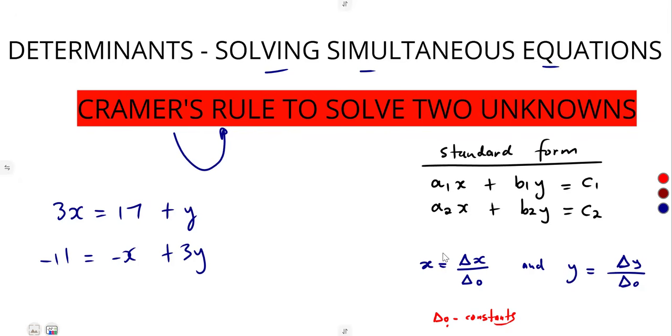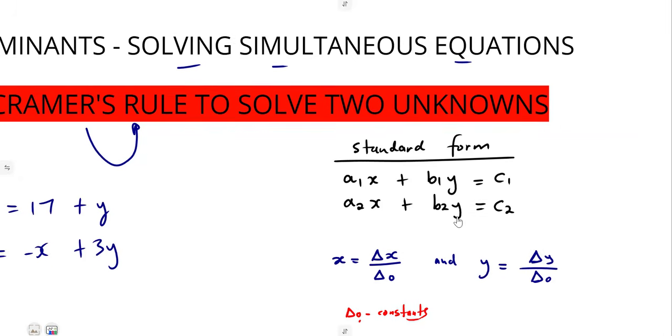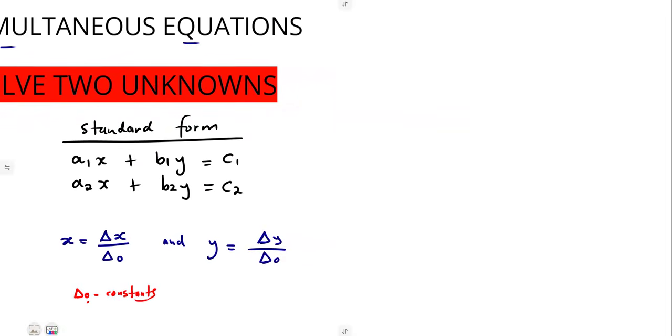So the question is, when I say delta x or dx, you can write it as dx the way that you understand, or delta x. What is it exactly that we are referring to? Delta x is representing the determinant for x.